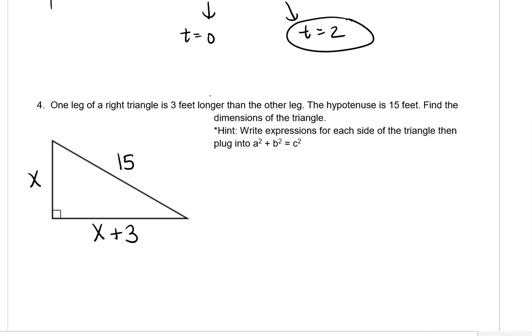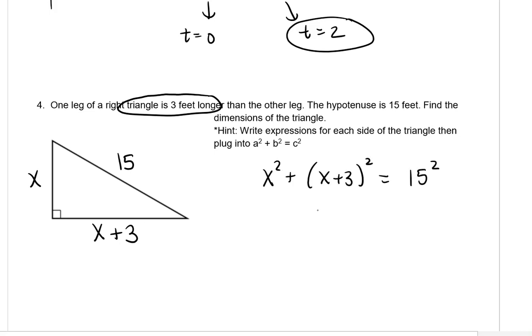All right, so 3 feet longer, that's why I wrote x plus 3. And now I'm going to say x squared plus the quantity x plus 3 squared is equal to 15 squared. X squared plus x squared plus 6x plus 9, don't be fooled by that middle term. And then 15 squared is 225.